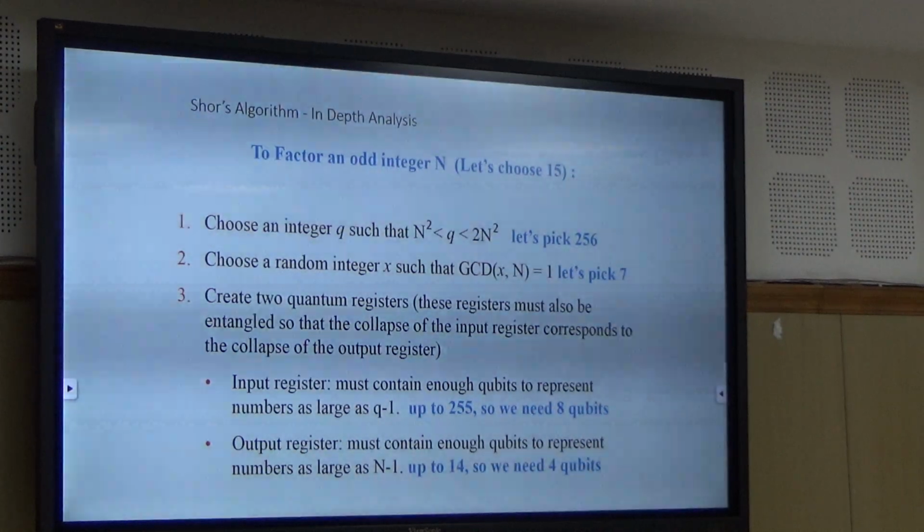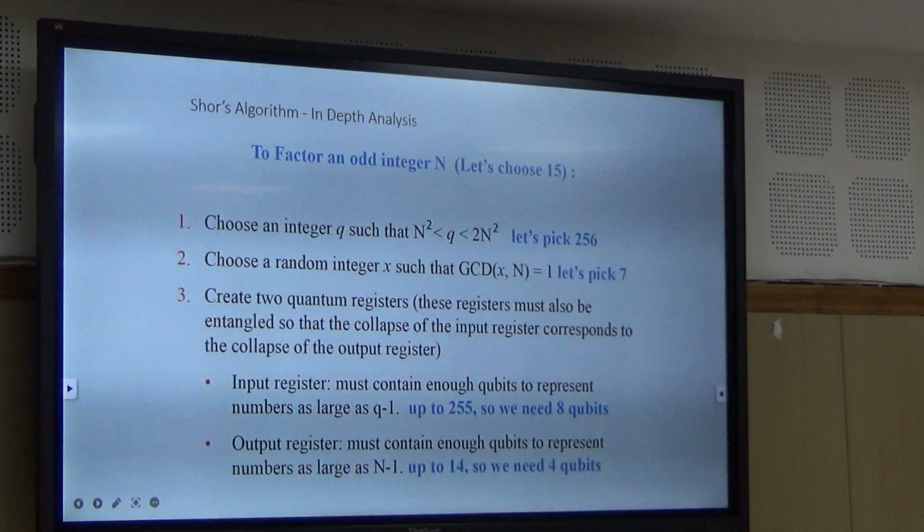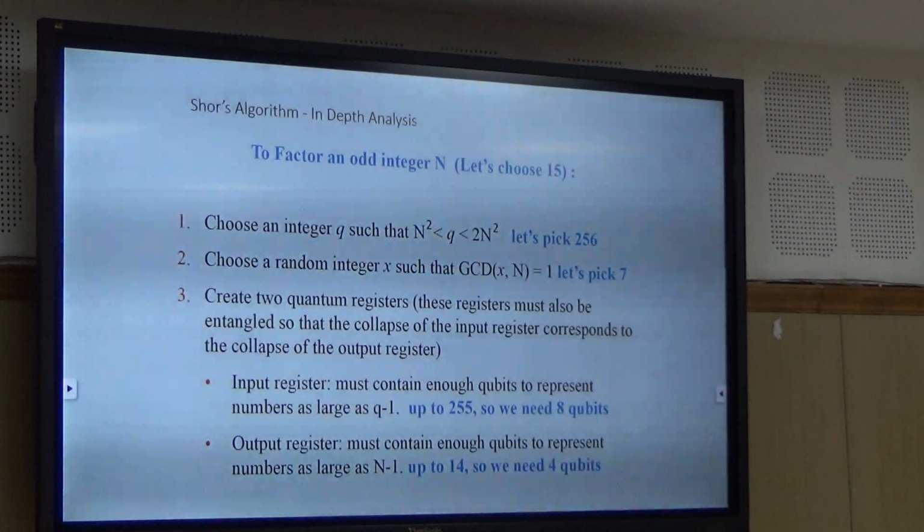Similarly, if you have 16, it will become 15. So this is basically the algorithm, and this algorithm is known as the Shor algorithm. So the Shor algorithm is a part of a quantum computer where the bit calculation is done following a simple thumb rule.